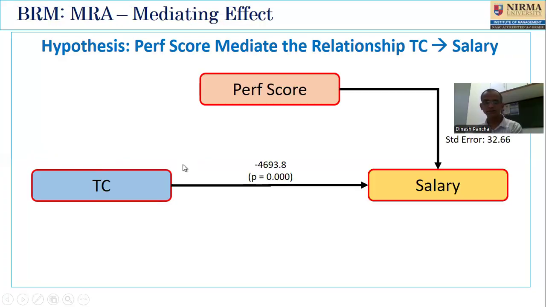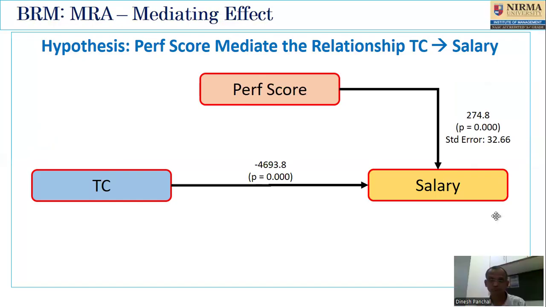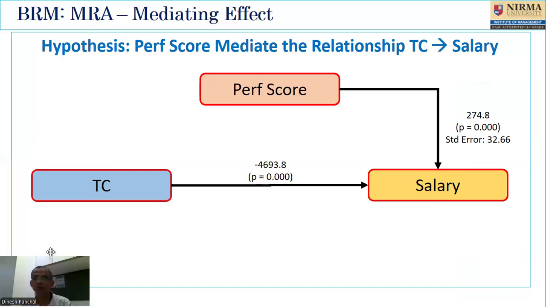Now, in the second regression, put the dependent variable as salary, and the independent variables as performance score and TC, both together. Again, in the coefficient table, pick up the beta coefficient for performance score, its standard error value, and its corresponding P value. Also in the coefficient table, you will get the beta score for TC.